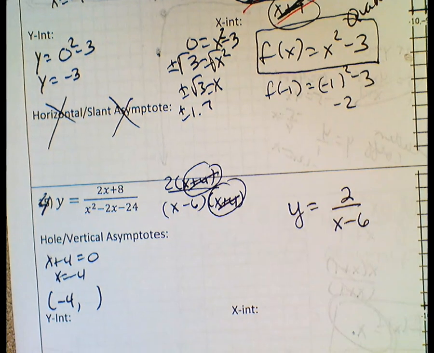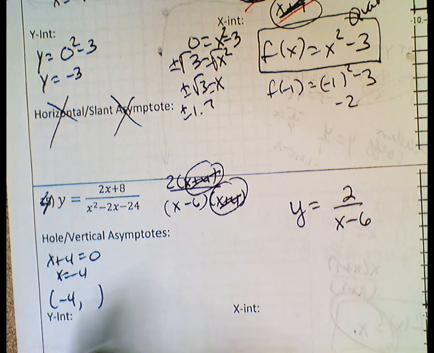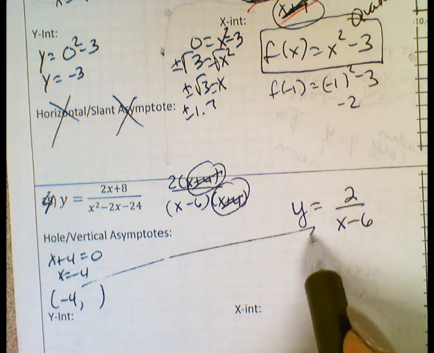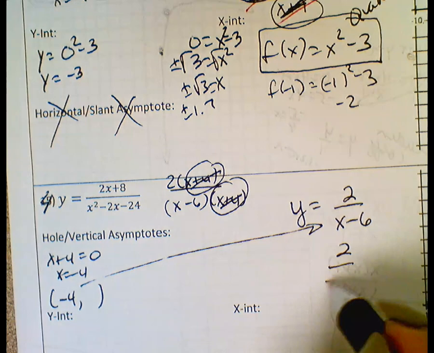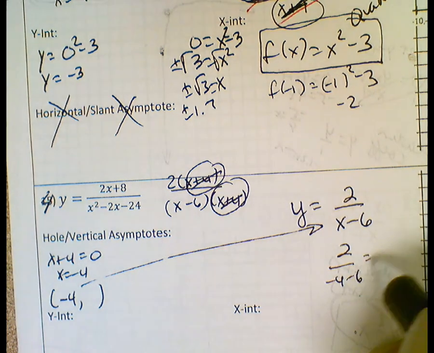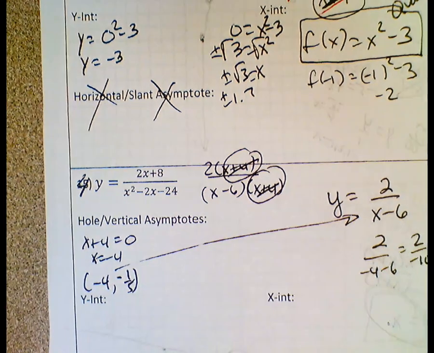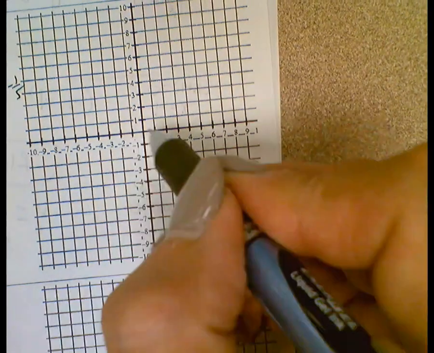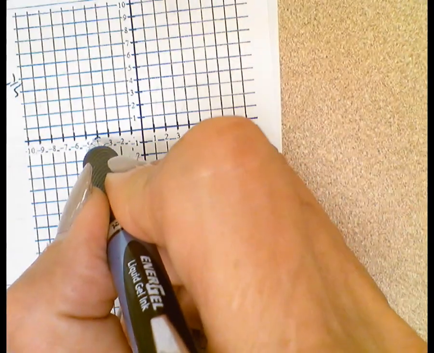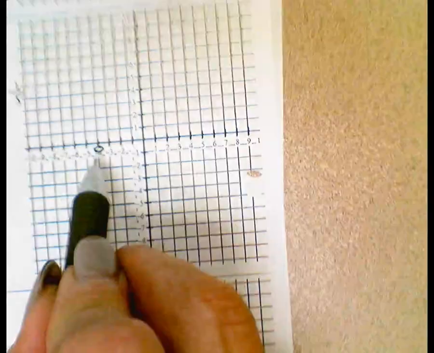This is what's left. So if you plug -4 in right there, you would get 2 over -10, which is -1/5. So that is where your hole is. -4, -1/5. So I'm going to plot that. -4, -1/5 is really small right there. You see it?